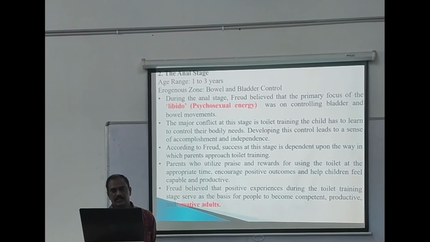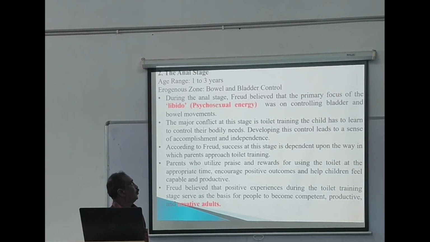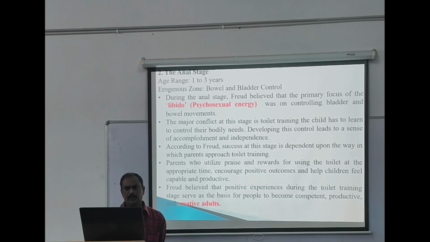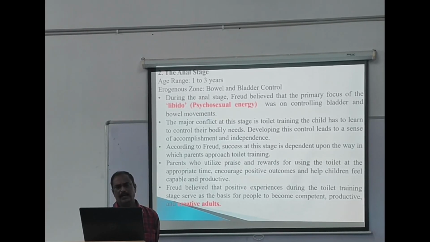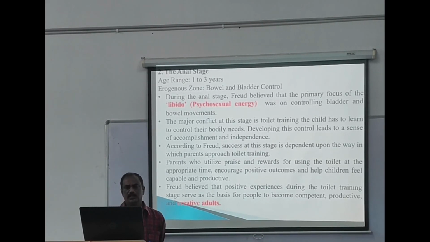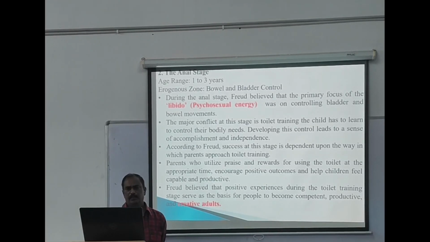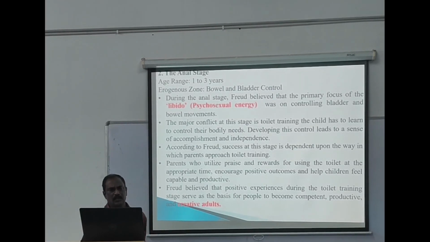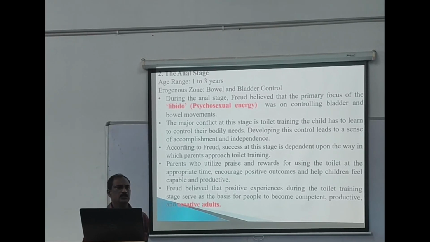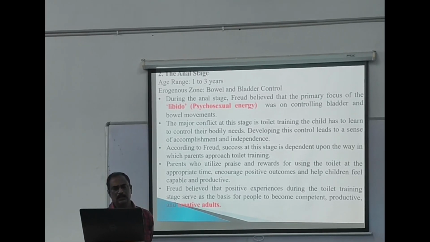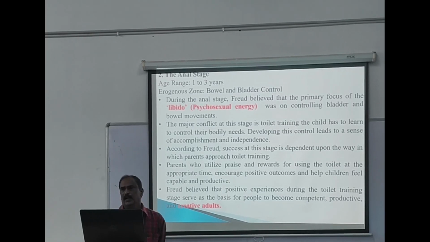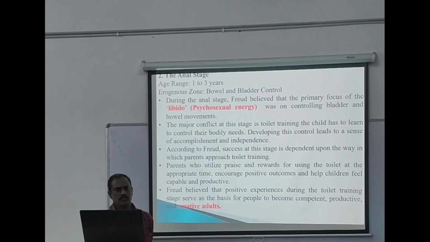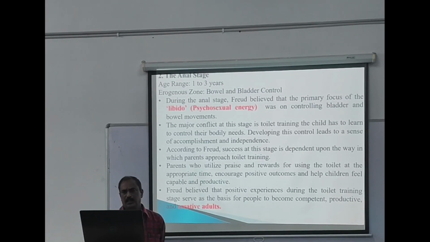Coming to the second stage, that is the anal stage, age range from 1 to 3 years. Here, the erogenous zone is bowel and bladder control. During the anal stage, Freud believed that the primary focus of the libido, he used wonderful, specific words for each and every trait in the psychosexual analysis.